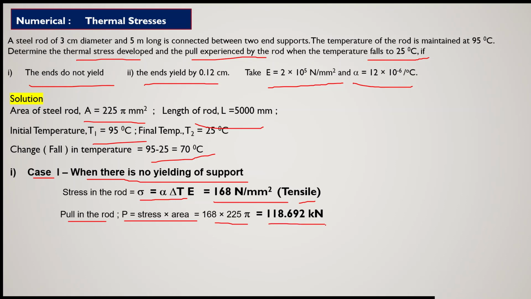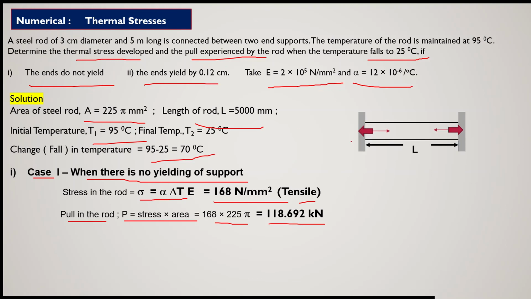So it will be 118.692 kilonewton. So this much force will be experienced by the member when it is subjected to the change in temperature, but the member is restricted so there will not be any extension or compression.